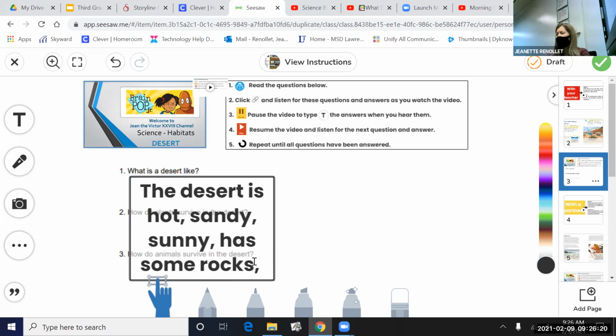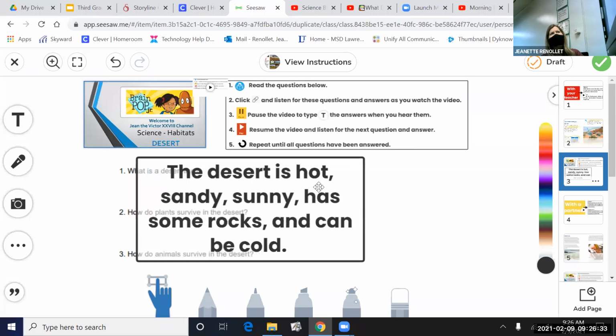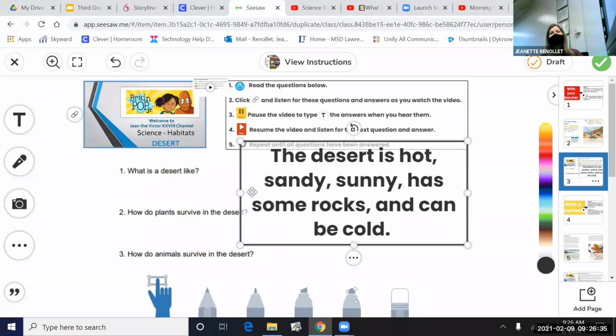I remember that not all deserts are hot. Sometimes the desert can be cold, especially at night when the sun is not there. The desert is hot, sandy, sunny, has some rocks, and can be cold.